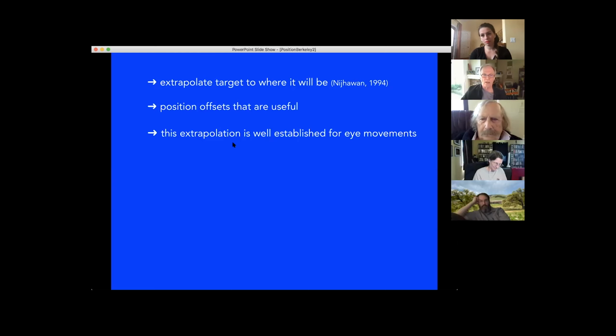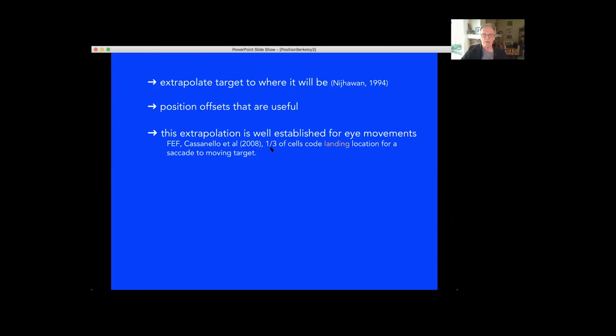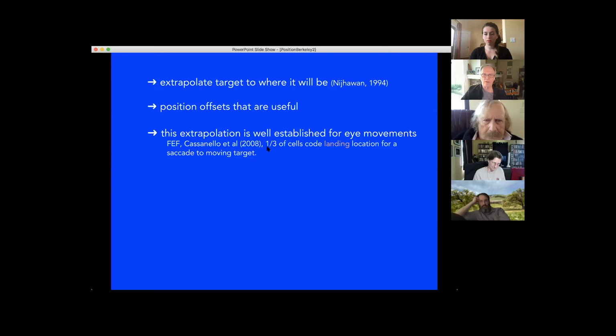And this has been worked out in the physiology, where Carlos Cassanello, with Ferreira, found about one third of the cells in the frontal eye fields code for the landing location of the saccade. Not its current retinal location, but its future position, which is where the saccade will land.